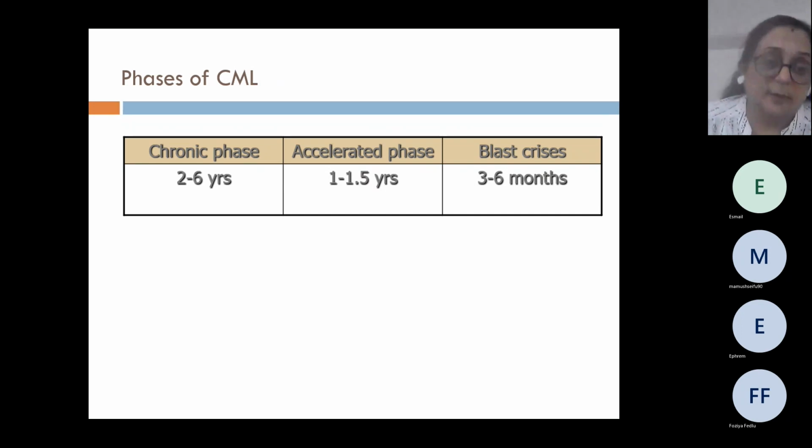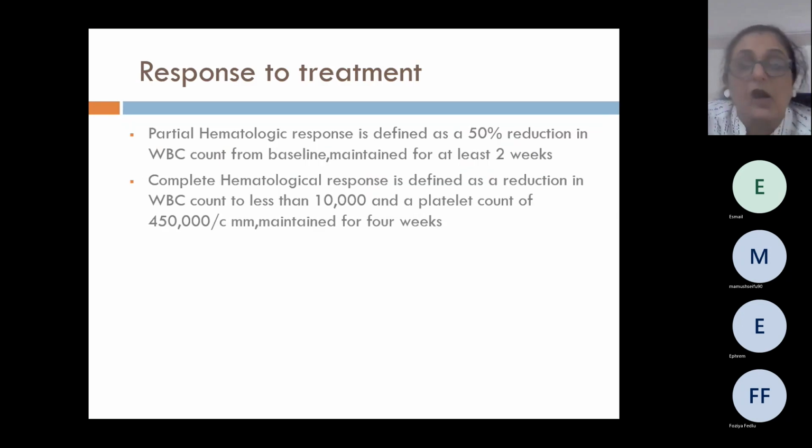So maybe initially the patients may not even come to know that they are suffering from CML. If it is in this stage, it is easy to treat. Then the accelerated phase will last for 1 to 1.5 years, and the blast crisis will last for 3 to 6 months, which is the last stage and a difficult stage to treat.